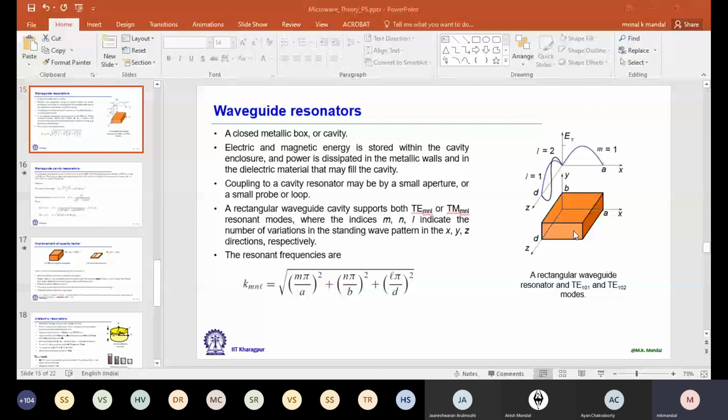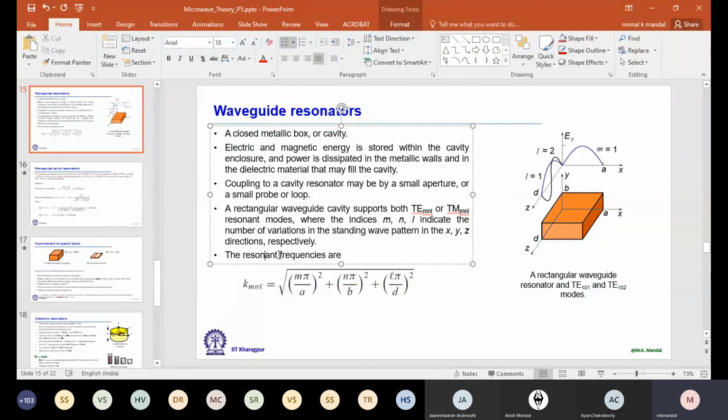So I'm just using a section of that. Now you have control over D, length. Then we'll be putting 2 metal plates on it. So different values of D will support different modes. Also for the fundamental mode, you have to tune D according to this formula. It is not the resonant frequency, it is actually the expression for resonant wavelengths, from which you have to find resonant frequencies, wave number.